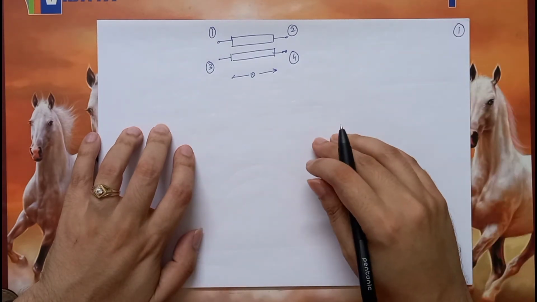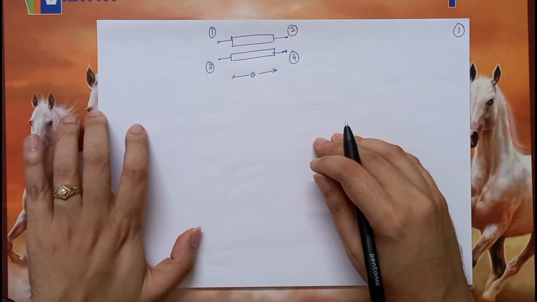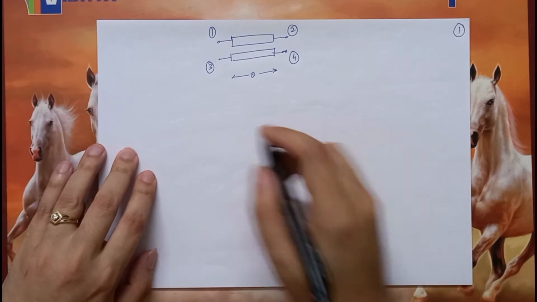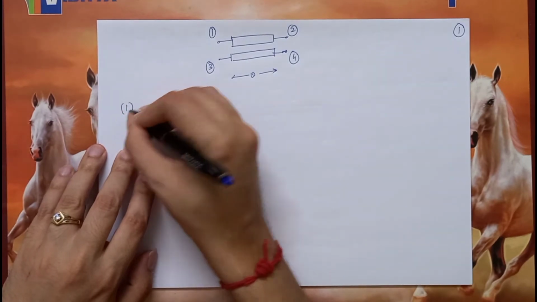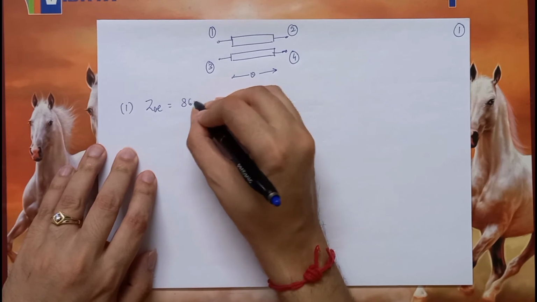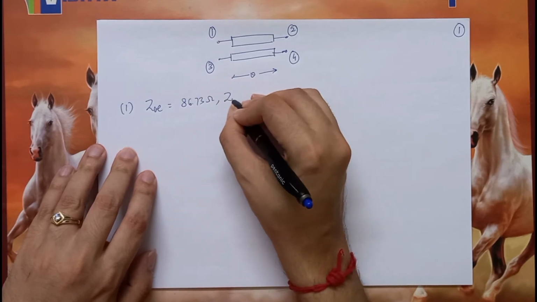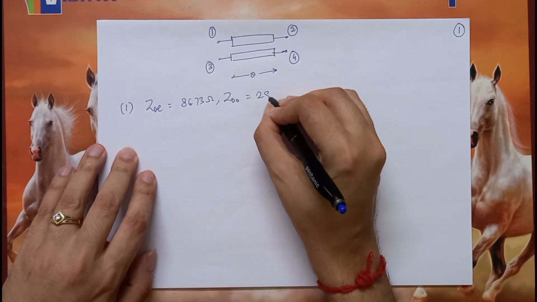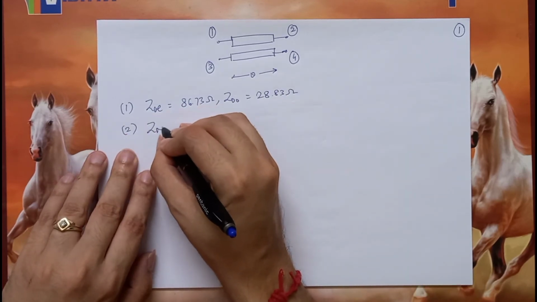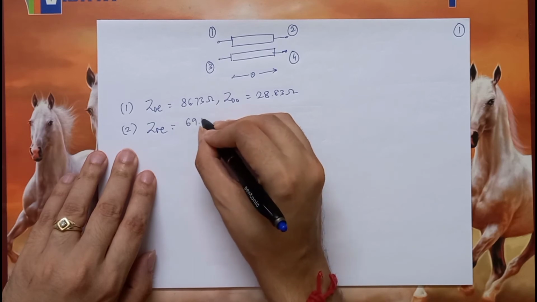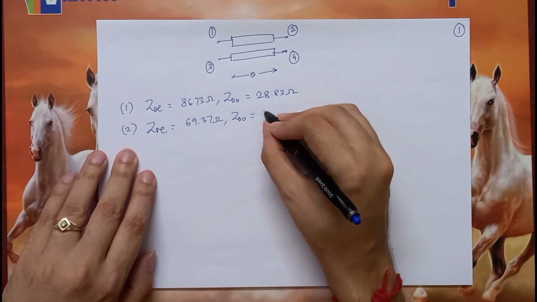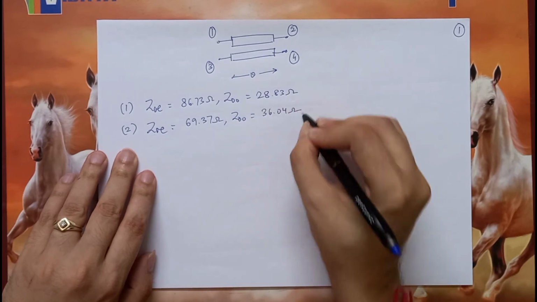Coming back to those three cases we discussed in the previous lecture. Case 1 is when Z0E was 86.73 ohms and Z0O was 28.83 ohms. Case 2 was when Z0E is 69.37 ohms and Z0O is 36.04 ohms.